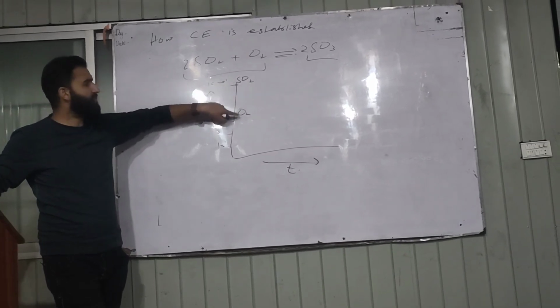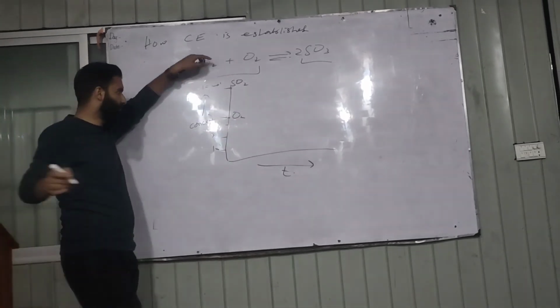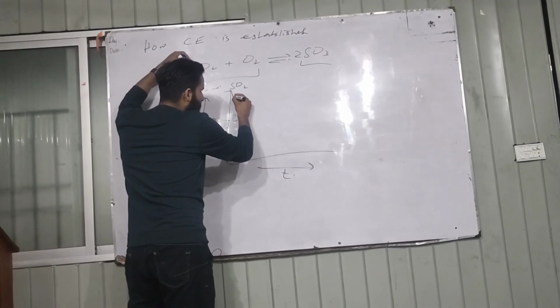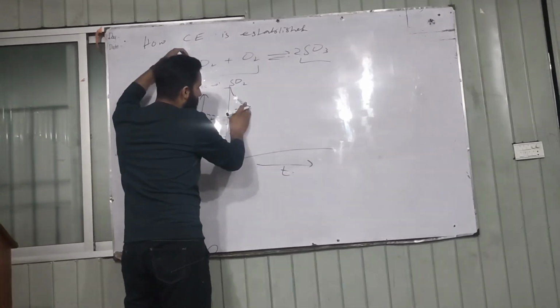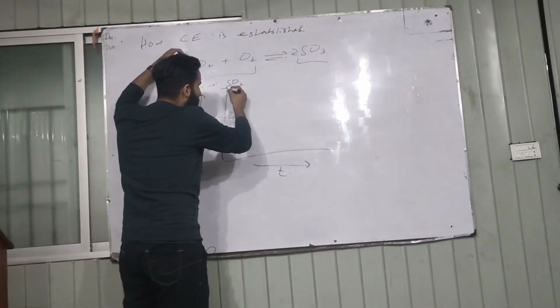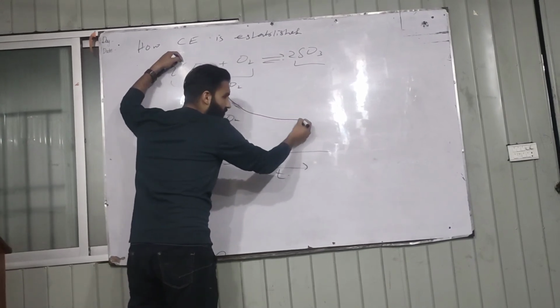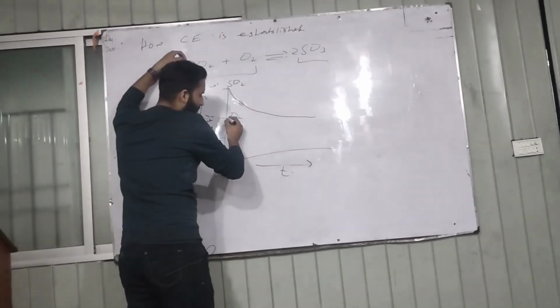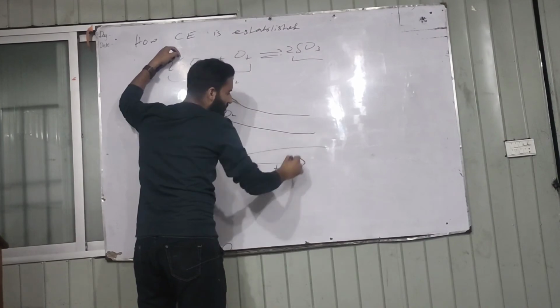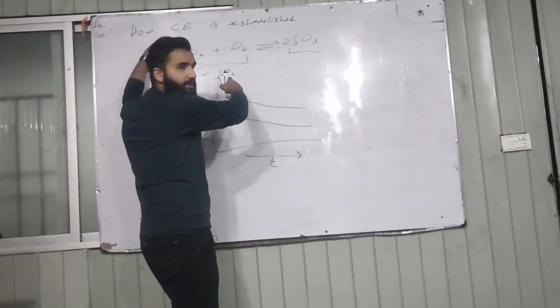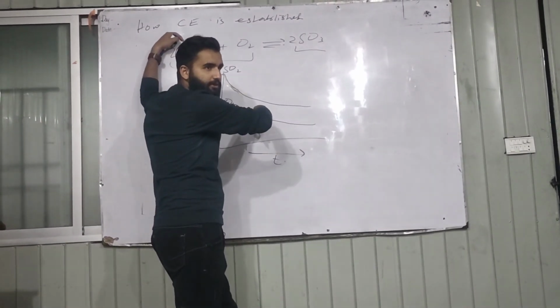If you have such a concentration of sulfur dioxide and such a concentration of O2, what will happen? Both react with each other and the concentration decreases with the passage of time. The concentration of oxygen is reducing and the concentration of sulfur dioxide is also reducing.